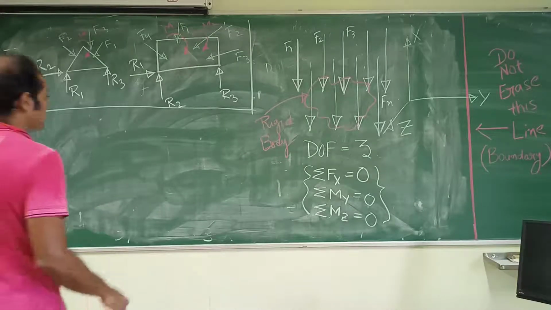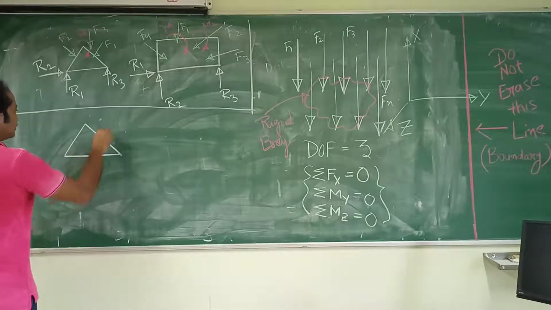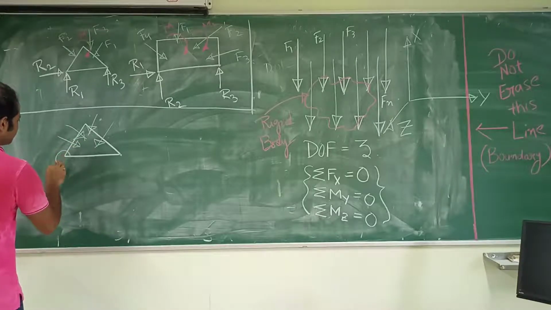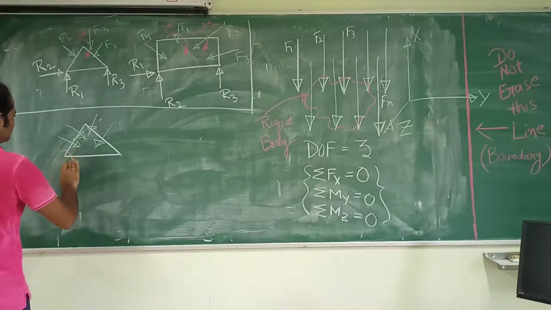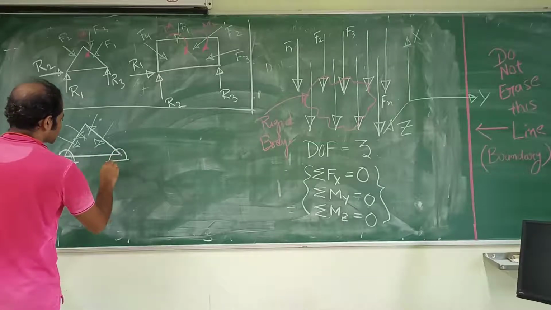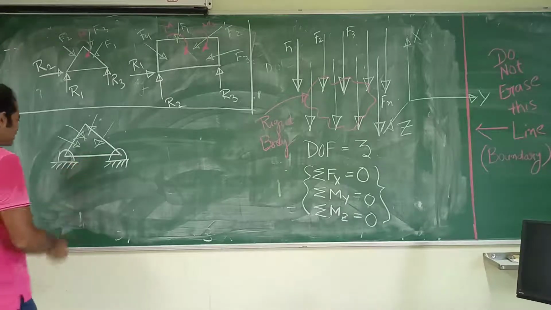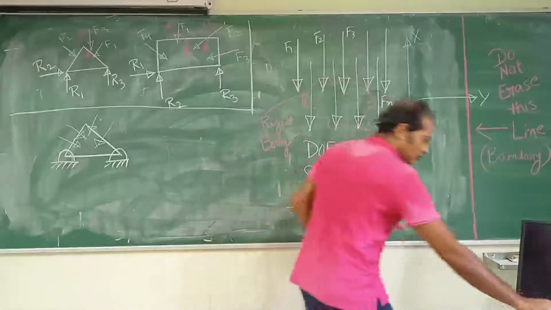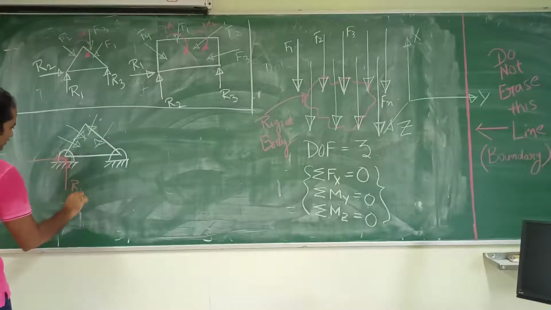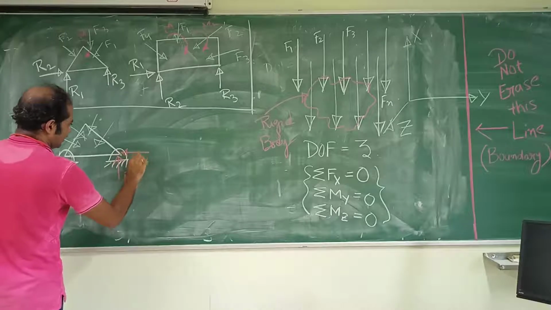For a simple example, if you consider this very simple structure with these forces, many forces are there, and if by mistake you have made these kinds of configurations, then over here you are going to get these reaction forces R1, R2, R3 and R4.